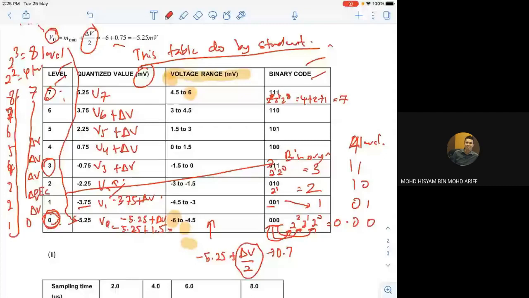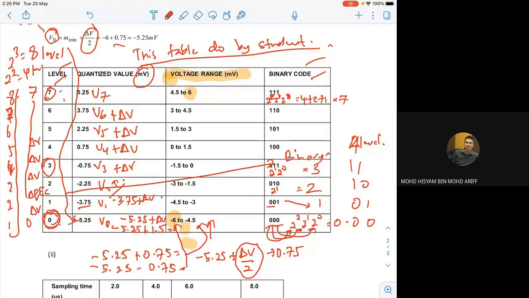So take negative 5.25 plus 0.75 and also negative 5.25 minus 0.75. You get two values: negative 4.5 and also negative 6.